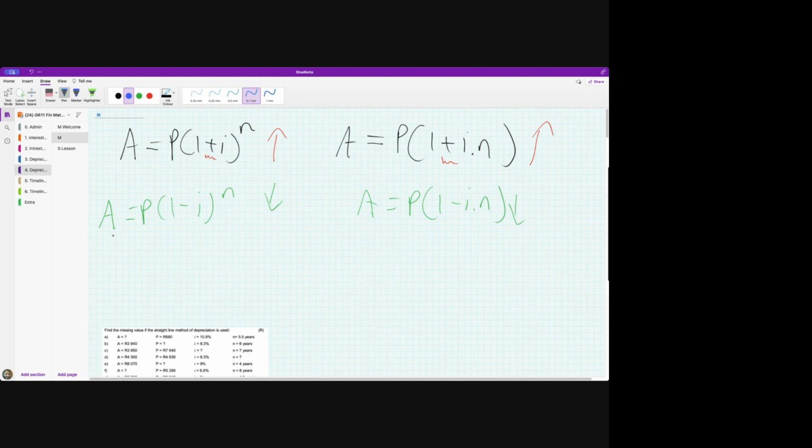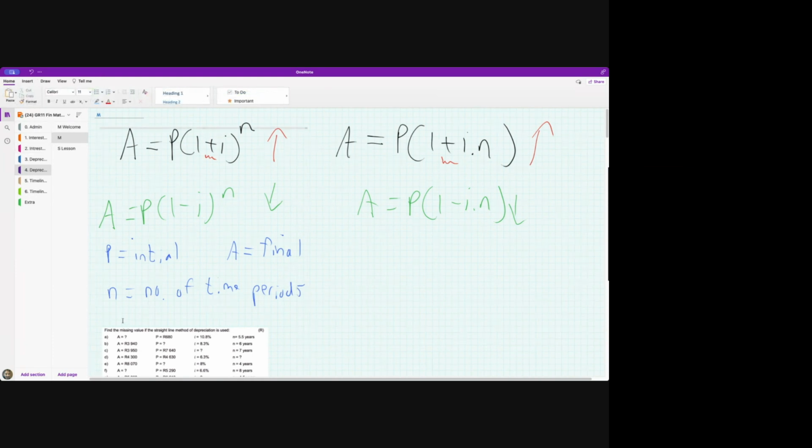Okay, and so when we talk about these formulas, remember that P is the initial, A is the final, N is the number of time periods. Now, it doesn't have to be in years. In fact, what we're going to see today is if it says compounded monthly, my time periods should be in months.